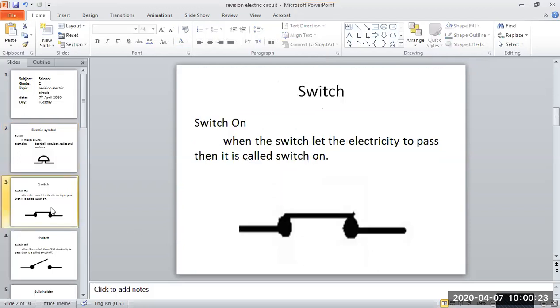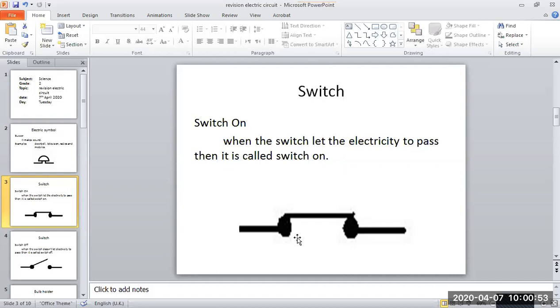Number two, switch. Here this is switch on. What is a switch? A switch is a component in the circuit that lets the current pass through it. And this is the sign of switch on. When the switch is on, then current passes through the circuit. For example, you want to light up the bulb, first of all you switch on.